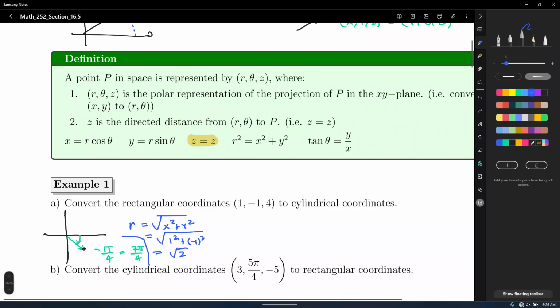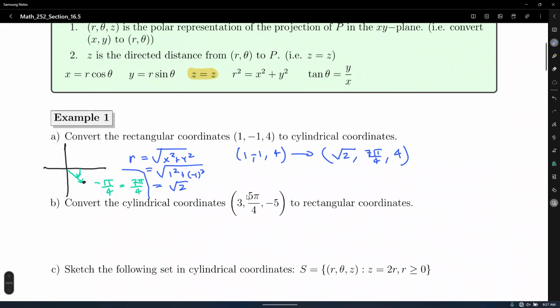So 1, negative 1, 4 equals the radius, root of 2, and the angle, 7 pi over 4 or negative pi over 4, either way. I'm going to use 7 pi over 4. And z remains the same. 4 is still 4. I highlighted that in the definition box. Z doesn't change.